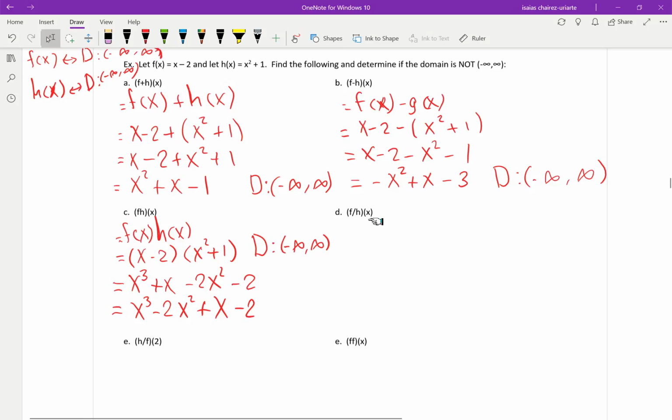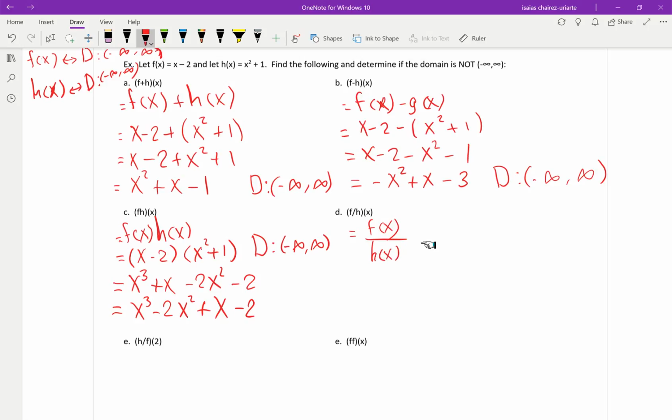All right, next one. Let's see. Here I think the domain is going to start getting a little bit more interesting. So let's get into this part D. So this is f of x divided by h of x.